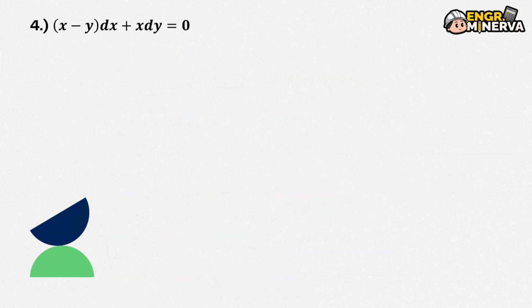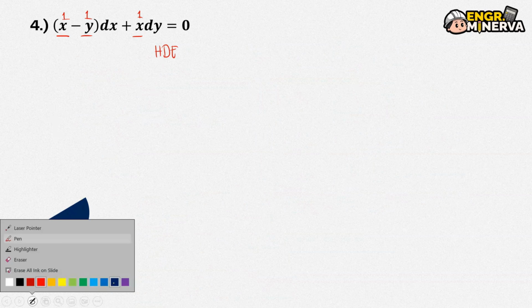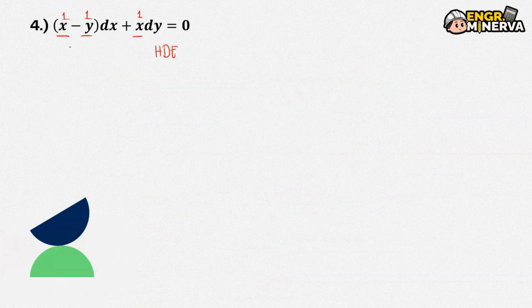Next, for number 4, we have (x minus y) dx plus x dy equals 0. So again, we check. This is 1, this is 1, and this is 1. So this is a homogeneous differential equation. We check for the least complex. That would be dy. So it means we substitute y equals vx, and eventually your dy would be v dx plus x dv.